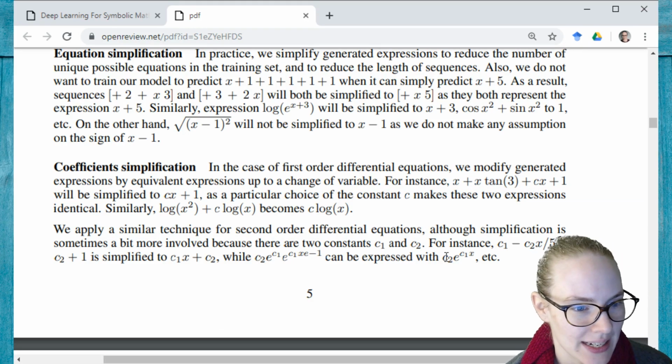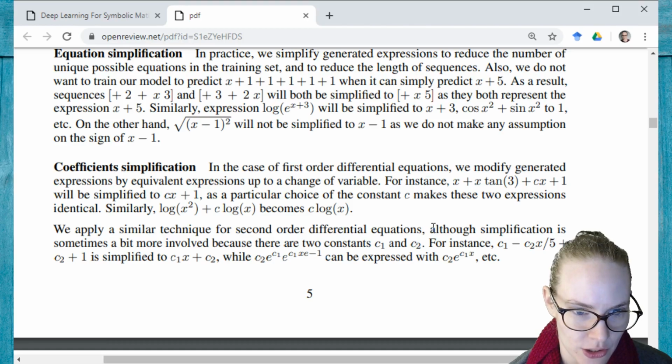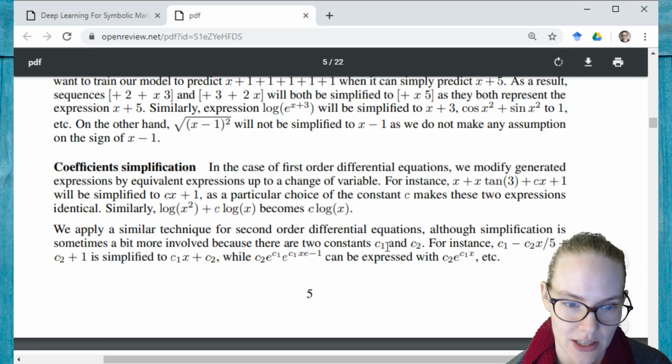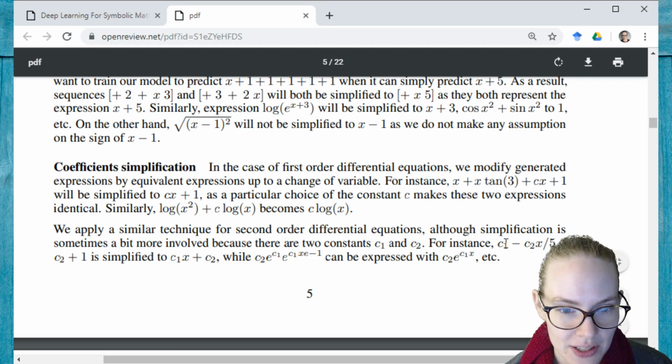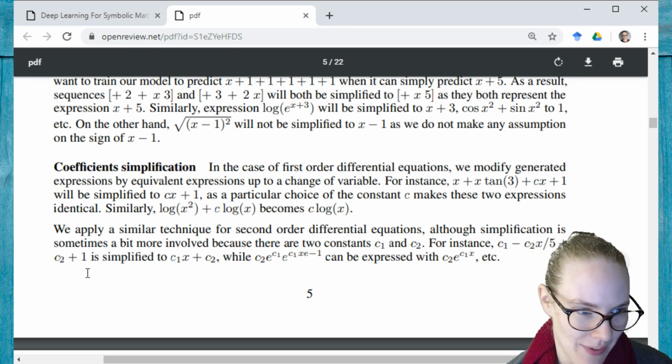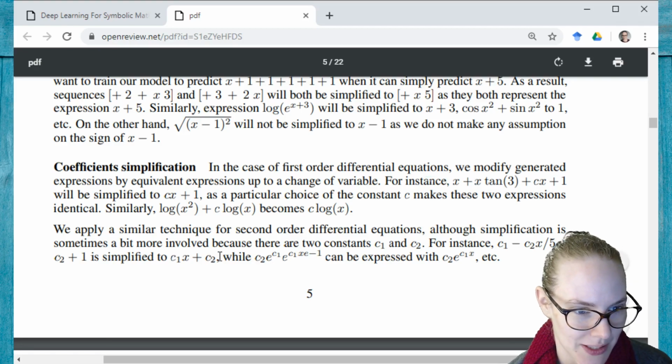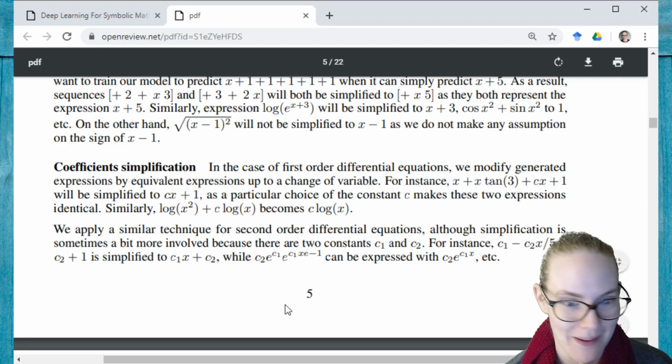We apply a similar technique for second-order differential equations, although simplification is sometimes a bit more involved because there are two constants, c1 and c2. For instance, c1 minus c2 x divided by 5 plus c2 plus 1 is simplified to c1x plus c2. Well, this guy can be expressed as this guy.